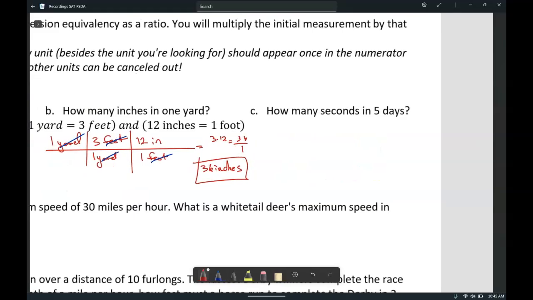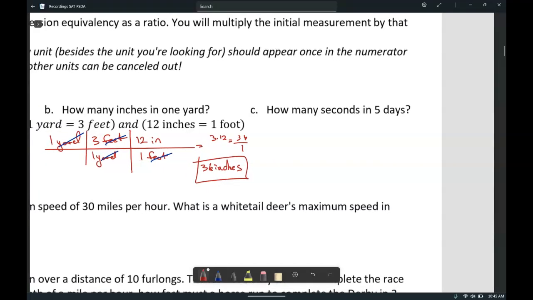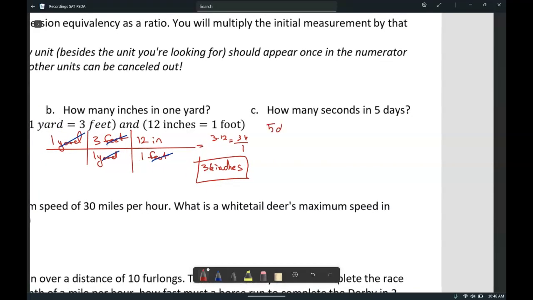How many seconds in 5 days? Same thing, we start with our 5 days, and because it's a basic measurement of time, we should know this conversion. So we start with days, and we want to think, what's the next value down? That's going to be hours. So 1 day has 24 hours.